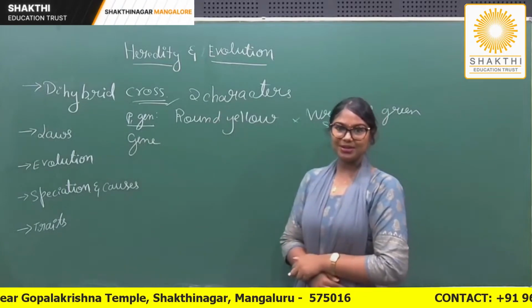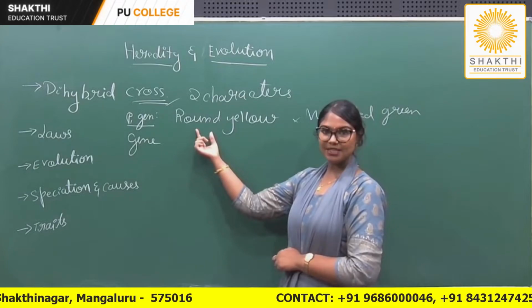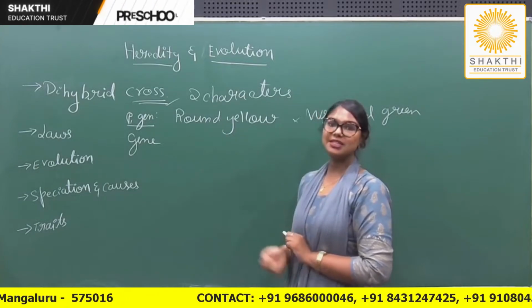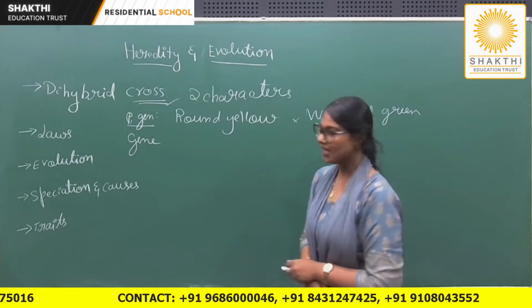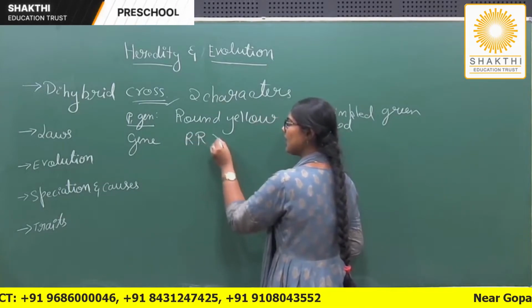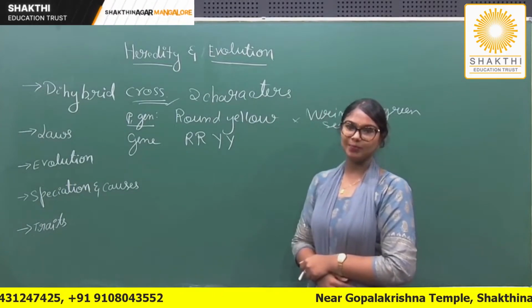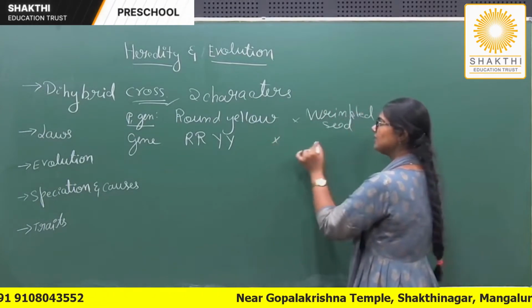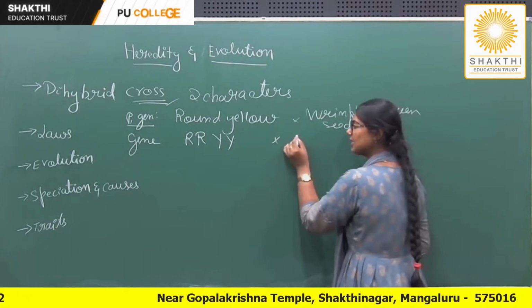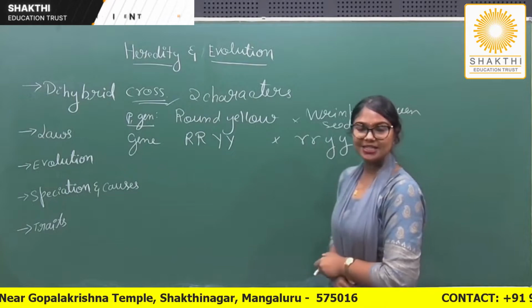Now, if you remember, the round is represented as capital R, and yellow is represented as capital Y. So, round, we write it as capital R, and yellow, capital Y. Following the same pattern for wrinkled, we write it as small r, and for green, we write it as small y.